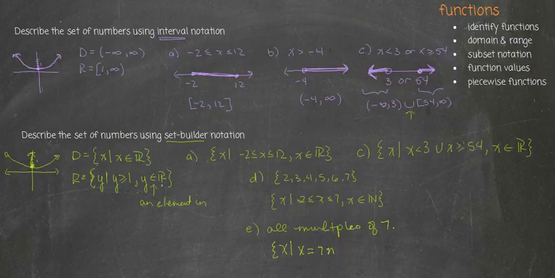In fact, we're even talking backward. If n is negative 1, then we're talking about negative 7. If n is negative 2, we're talking about negative 14. So we're talking about a lot of values, but they're only multiples of 7. And we know that multiples of 7 are always on the integers.